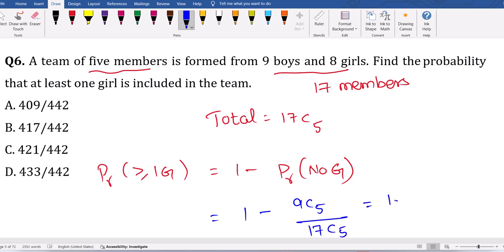Now calculations you must be careful. 9C5 means 9 into 8 into 7 into 6 into 5, 5 terms you have to write, divide by 5 factorial.